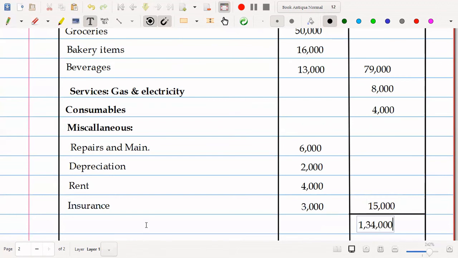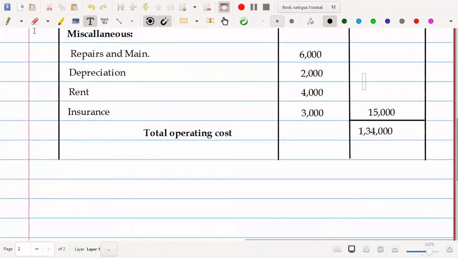What is this? This is total operating cost. Okay. So as we did in the last problem, again now we have to calculate cost per meal.